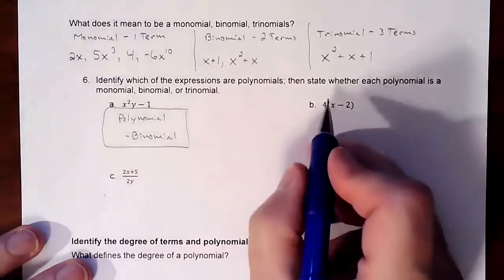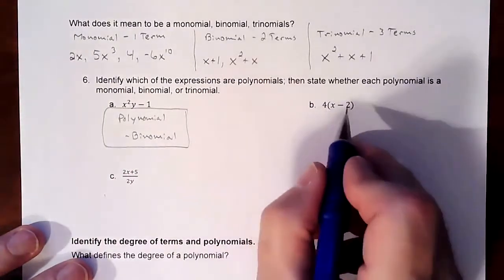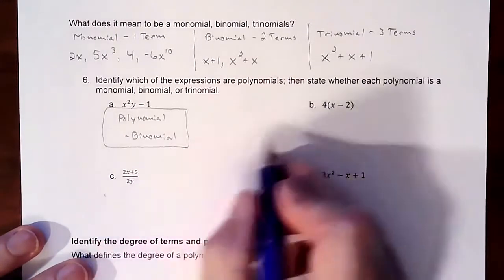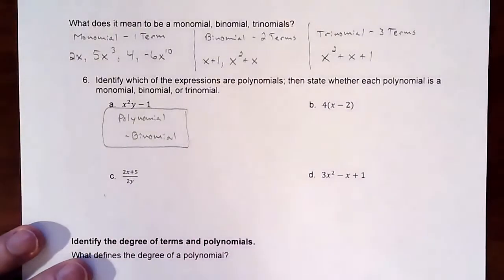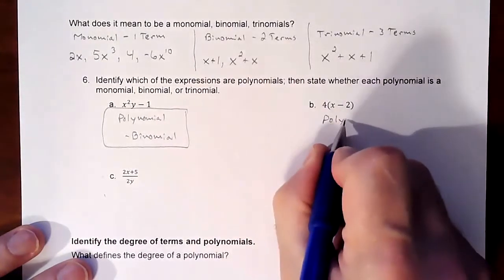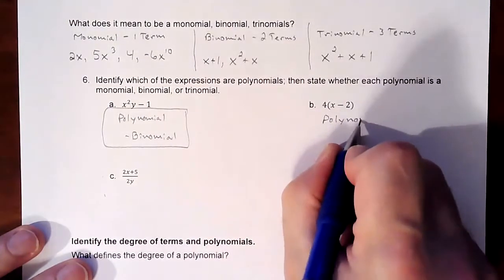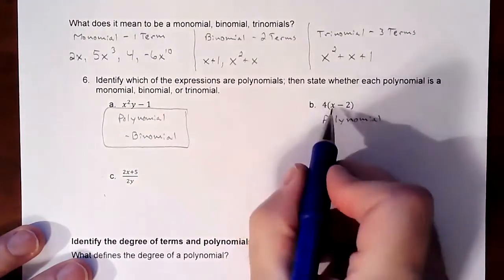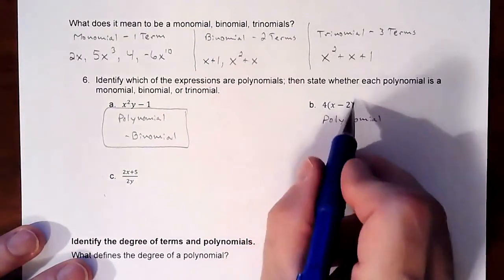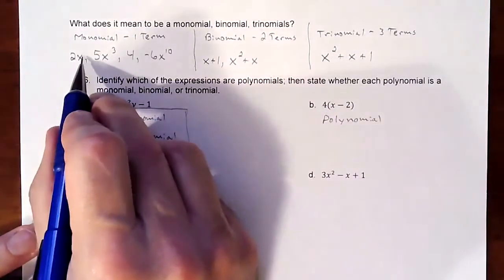Now this one's tricky. This is the only one that would not be a polynomial because of the variable in the denominator. But this other one is a polynomial, and it feels like it should be a binomial. But because it hasn't been distributed through, it's technically just 4 times something, like 2 times something.